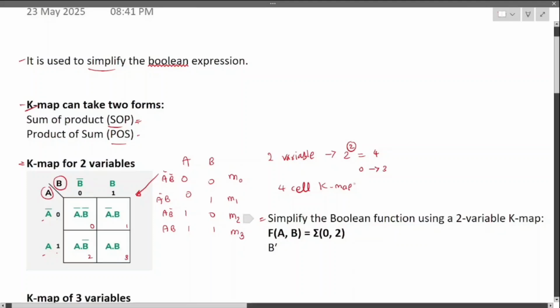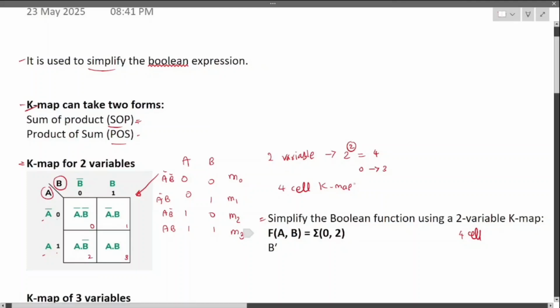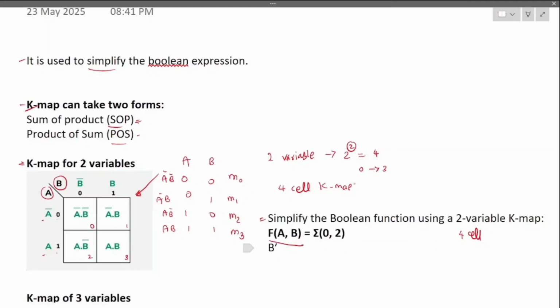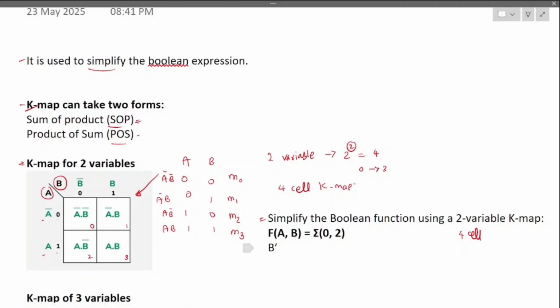Simplify the Boolean function using two variable KMap. Two variable KMap means we need a 4-cell KMap. K means Karnaugh Map. Okay, shortcut we can use KMap. So the function is a function of A comma B. Now this is a minterm indication: 0, 2. Keep the 1 here and 2 here.